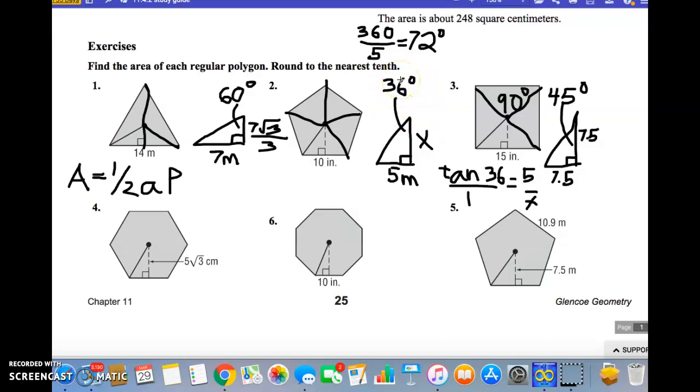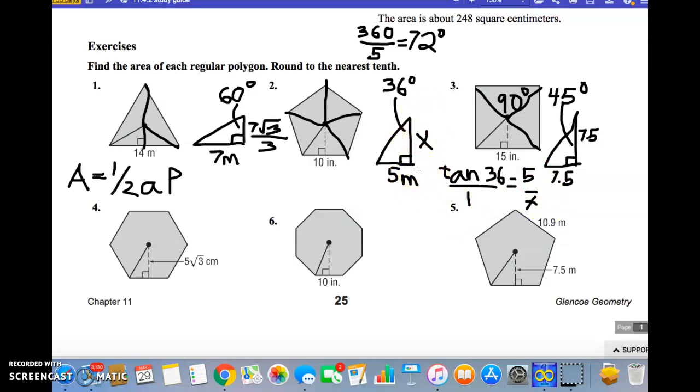So because we have 36, we need to set up a trig relationship. We've got the opposite and the adjacent, so there's tangent. Tangent of 36 equals 5 over x. Remember to put tangent of 36 over 1 and then cross multiply. You'll find out what that apothem length is.